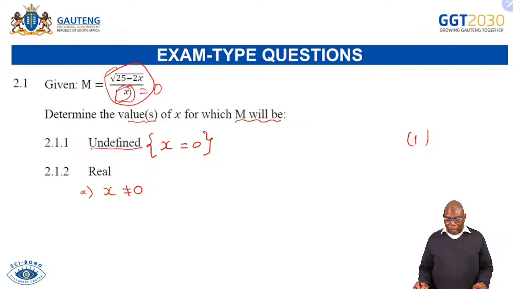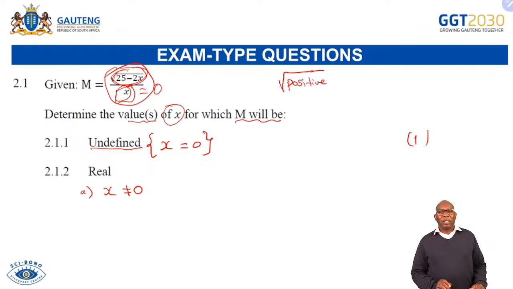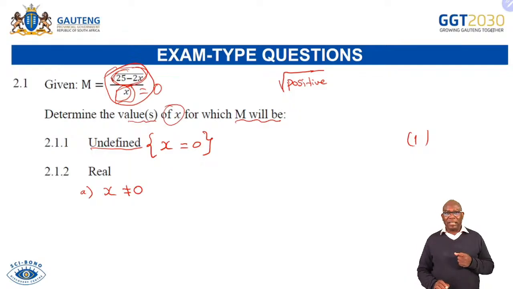But now, let's look at what must be on top. Remember, we're looking for the values of x. For this to be real, the number inside the square root must be positive, because if it is negative, it gives us non-real.